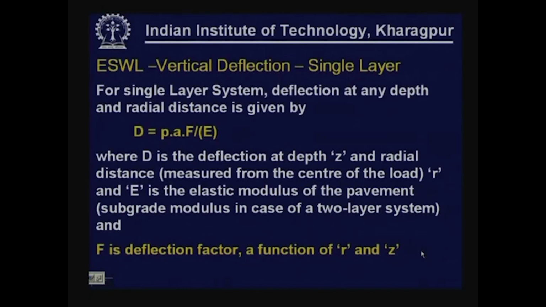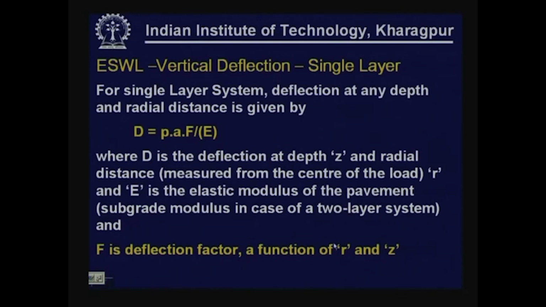For a single layer system, the deflection is usually a function of the contact stress, radius of contact area, and the modulus value of the system, multiplied by a factor F, which is called the deflection factor, where d is the deflection at depth z and radial distance r, which is measured from the center of the load, and E is the elastic modulus value of the pavement, or subgrade modulus value in case of a two layer system, and F is the deflection factor, which is a function of the position of the point at which we are trying to calculate the deflection.